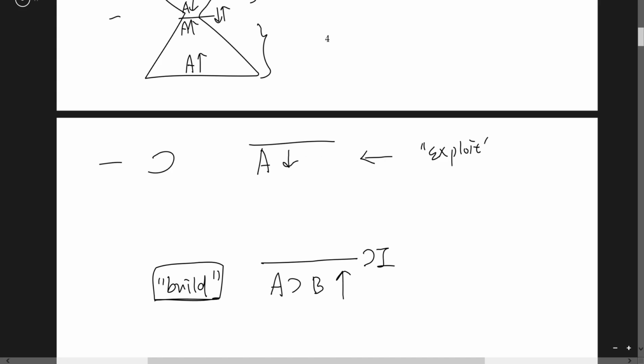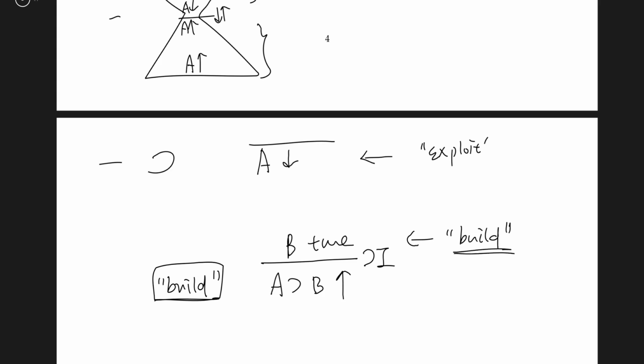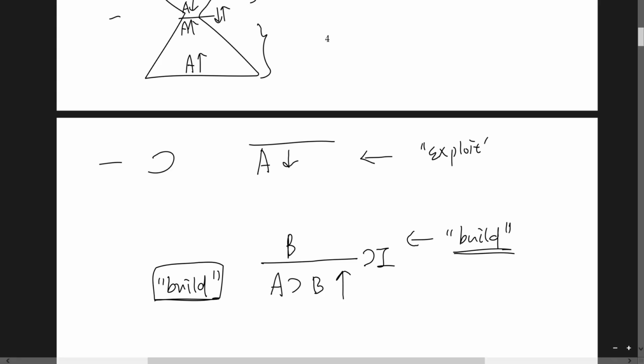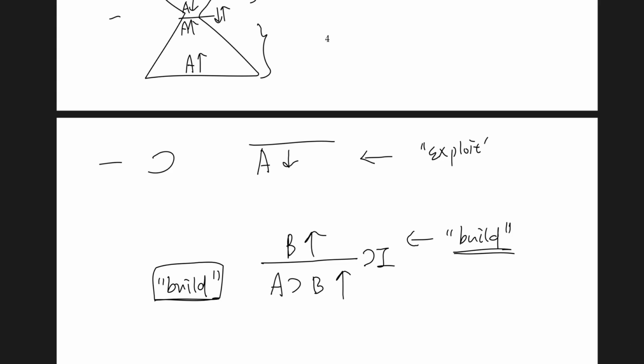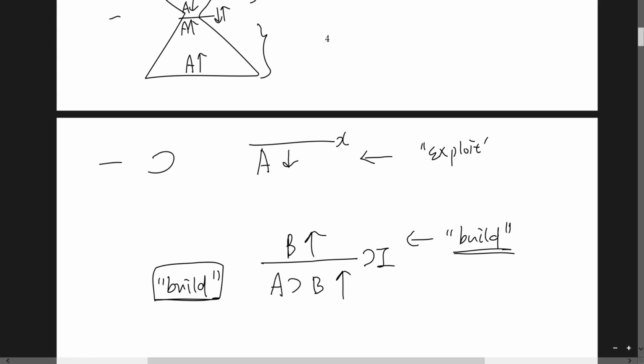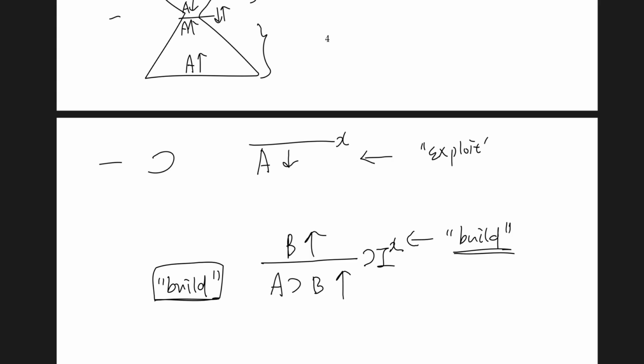And now we have to build a proof of B true. So I just said build a new proof of this judgment to be true, and therefore we have to move upward. And if this is labeled X, we have to label it with X. And this is basically the implication introduction rule for this normal judgment.